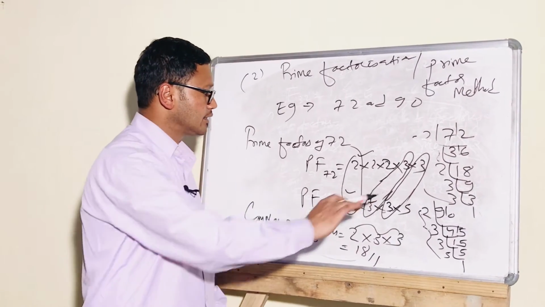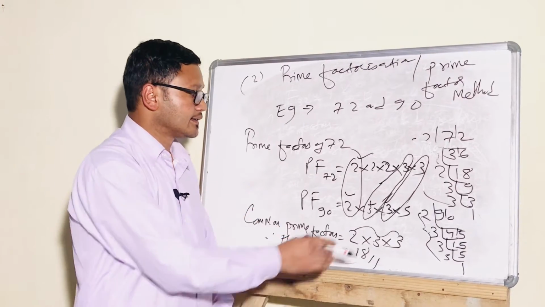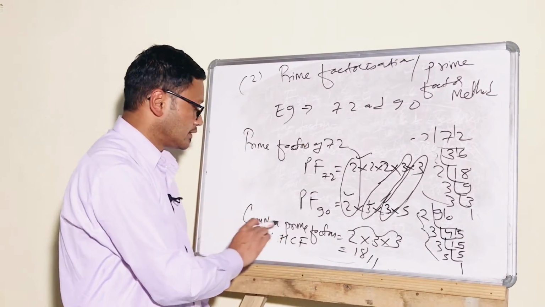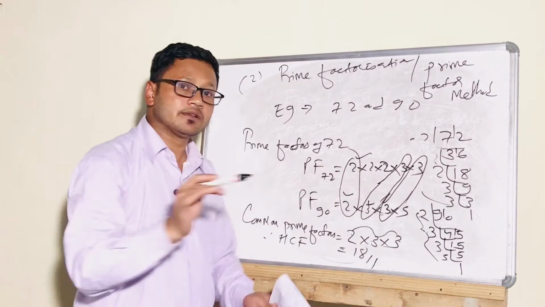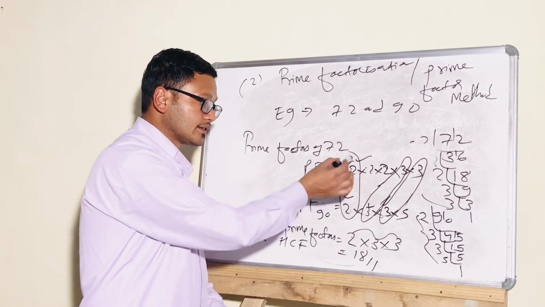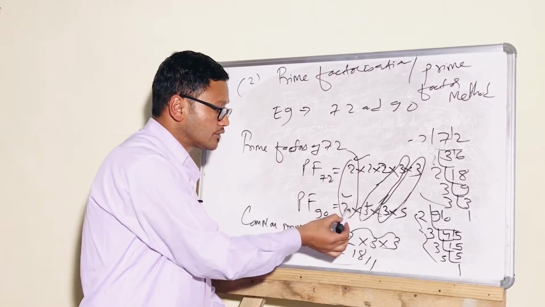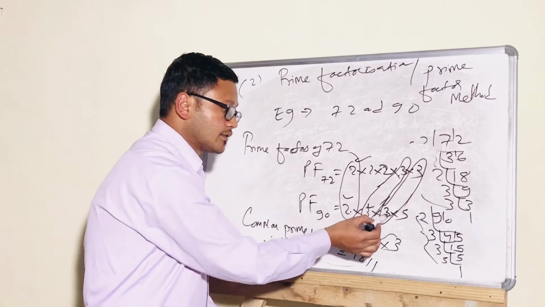Just list the prime factors of 72 and the prime factors of 90, then list the common prime factors. Common means the number appears in both. 2 is here and 2 is also here, common. 3 is here and 3 is also here, common.